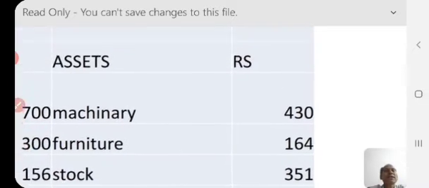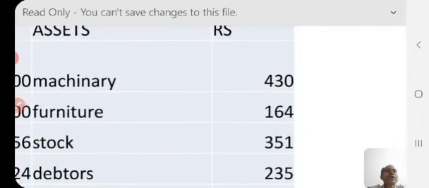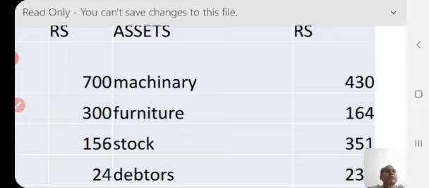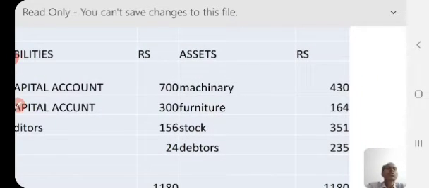On the assets side: machinery 430, furniture 164, stock 351, debtors 235. Have you noticed any change at the assets side?